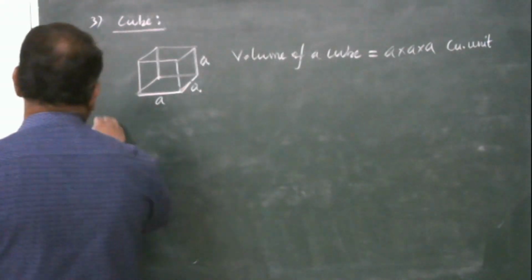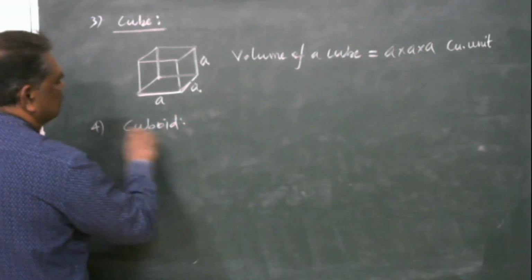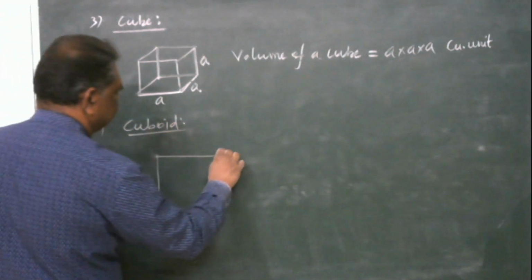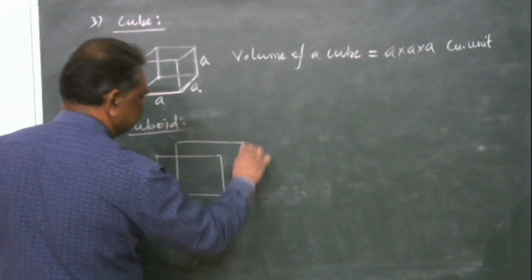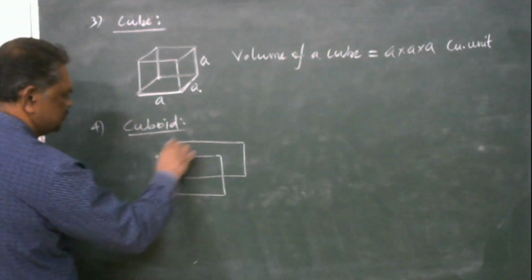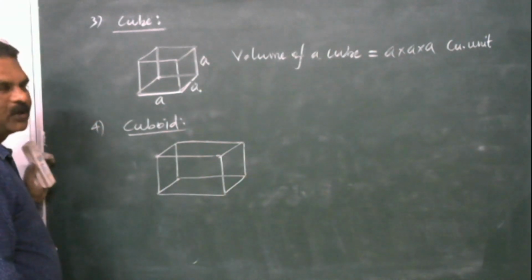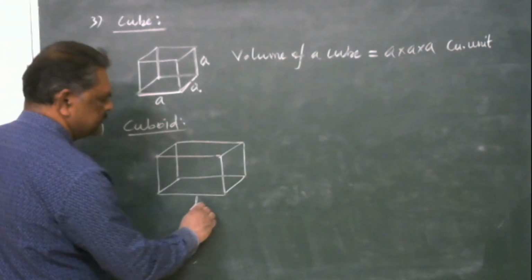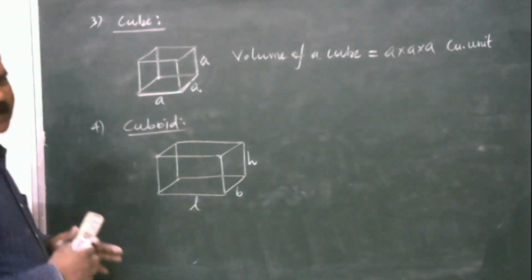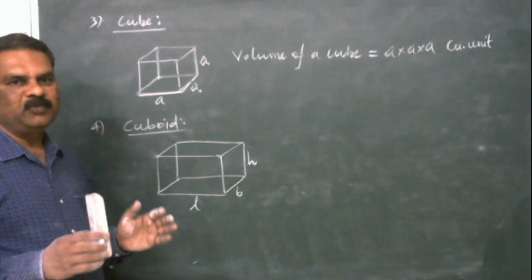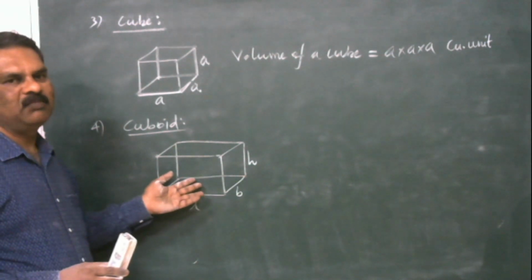Then the fourth solid is the cuboid. Let me draw a rectangle, another rectangle, and join the corners, and you will get a cuboid. Length is different, breadth is different, height is different. The idea is the same: how many unit cubes can be placed in this rectangular box?